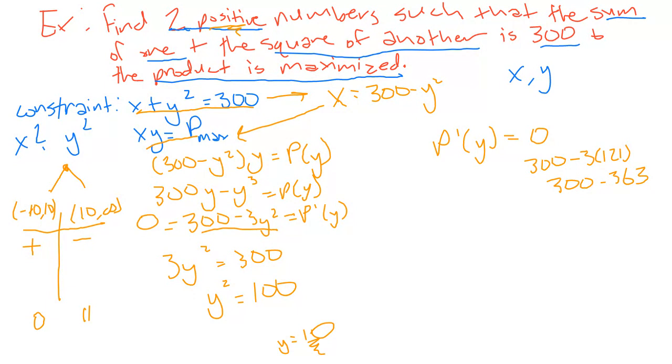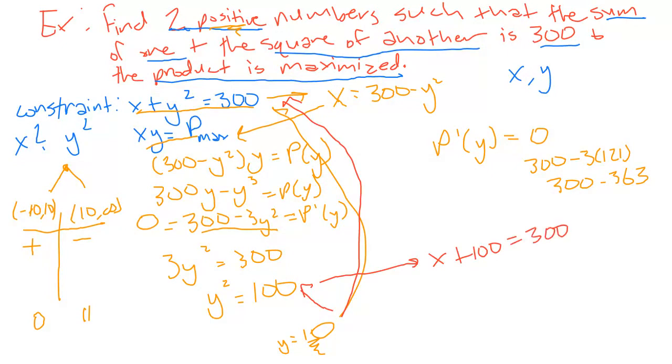Now that we know for sure that is our maximum, we just need to relate this back into our constraint to figure out what x is. So if we know that y squared is 100, we can plug this in and get x plus 100 is equal to 300, which gives us x equals 200. Therefore, our two numbers are going to be 200 and 10.